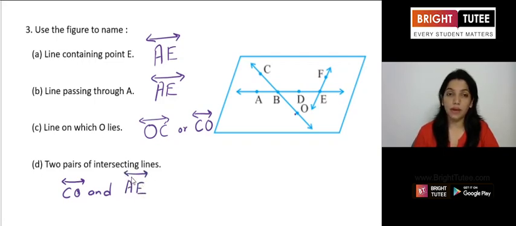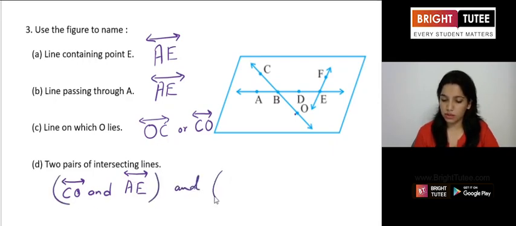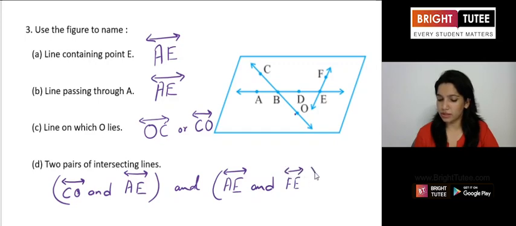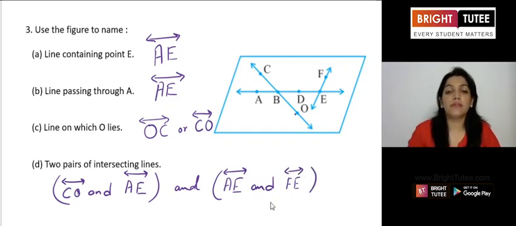This is one pair of intersecting lines. And let's see what is the next one. It is AE and FE, or we can write EF. Either way it's correct. So these are the 2 pairs of intersecting lines in this image.